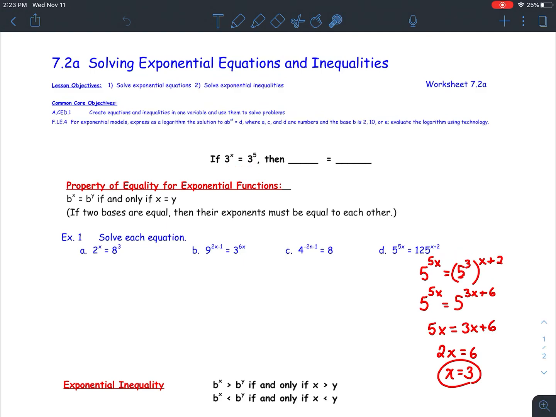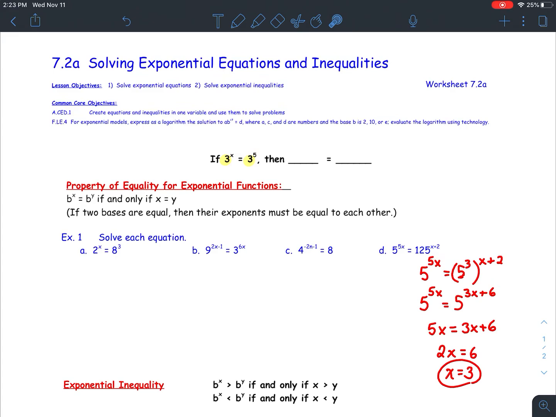For example, if you have the equation 3 to the x equals 3 to the fifth, as long as your base numbers, we called those the multipliers in the previous section, are the exact same number, then it would stand to reason that the exponent on the left would have to be equal to the exponent on the right.